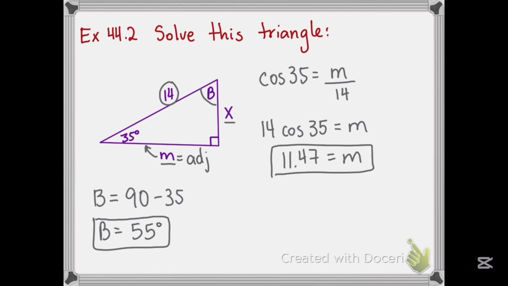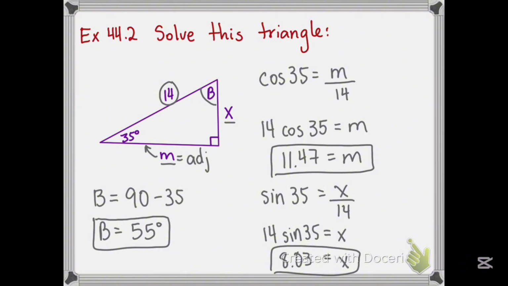Now to find x, we're going to use sine, so sine of 35, which is x over 14. And again, that 14 is dividing, so we're going to pass it to multiply. And 14 times sine of 35 is 8.03. And that's it. That's our answer.